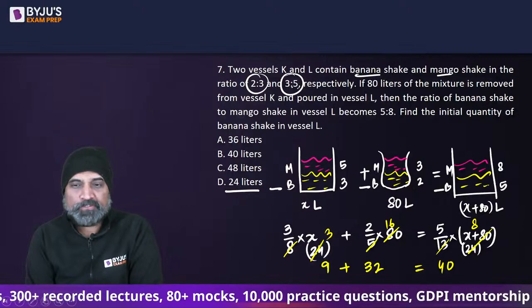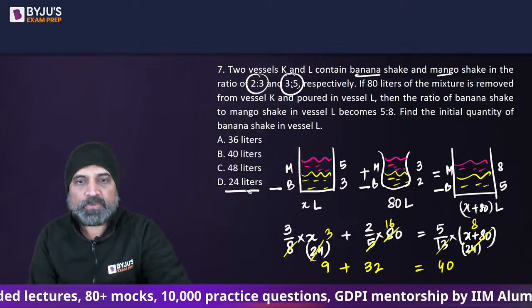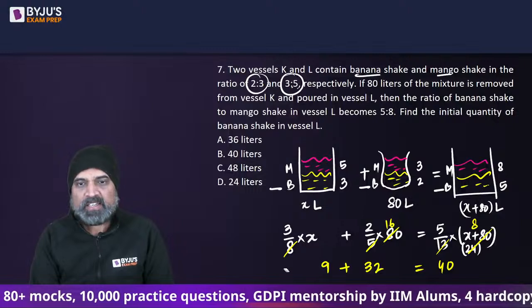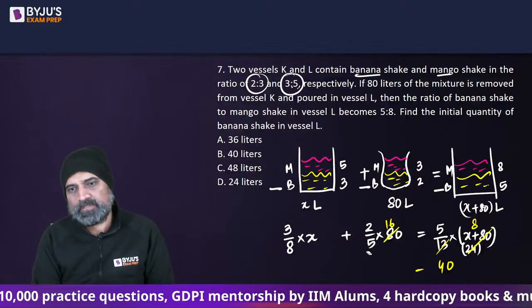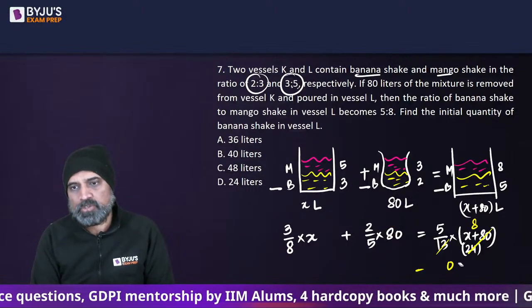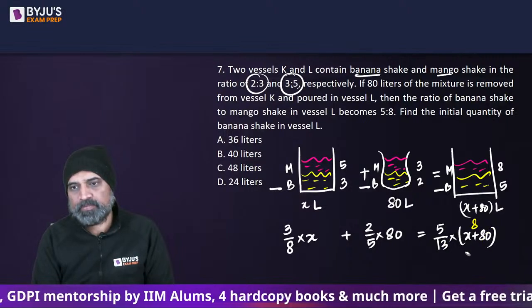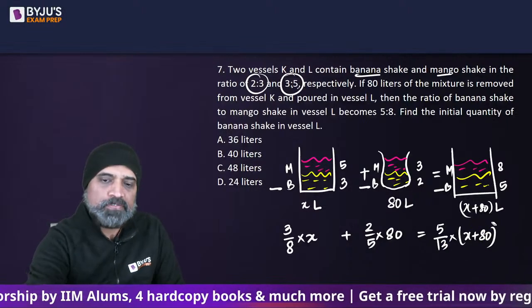So 24 is not working. Let's just solve it, because no other option is going to divide 13 properly, so it's not helpful, right?